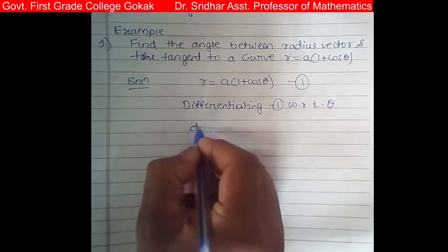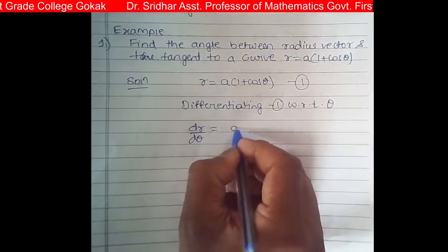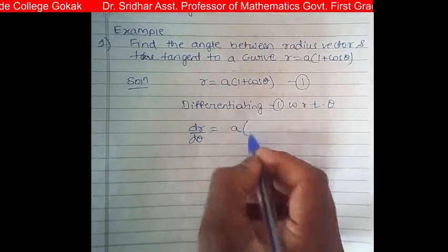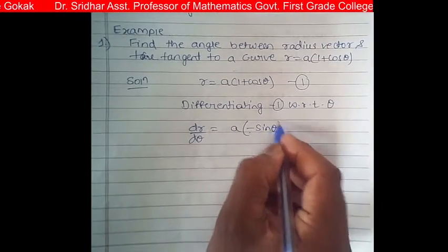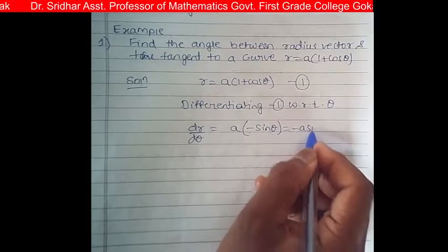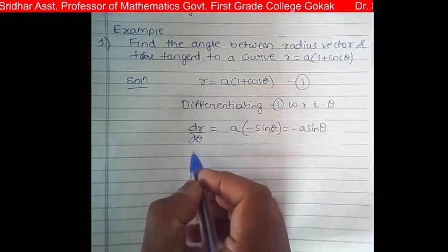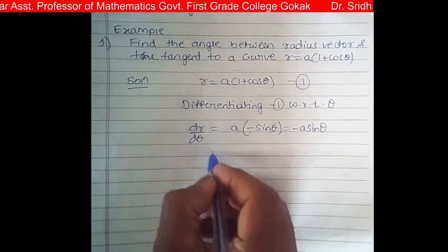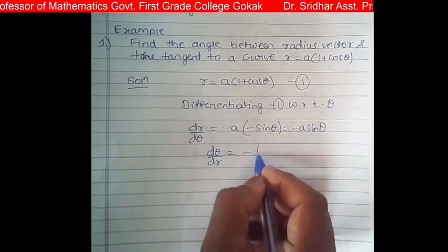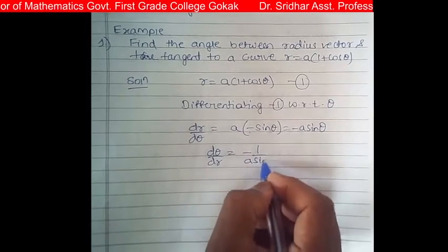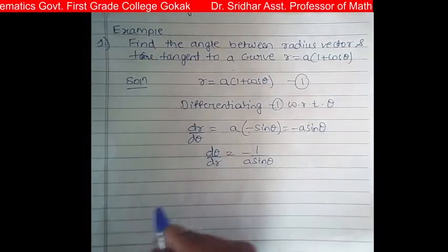We obtain dr by d theta is equal to a as it is, differentiation of 1 is 0, and of cos theta is minus sin theta, which is equal to minus a sin theta. Now we find d theta by dr. Reversing this, d theta by dr is equal to minus 1 divided by a sin theta.